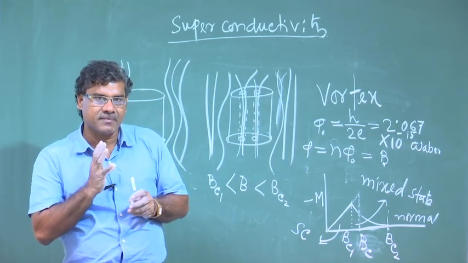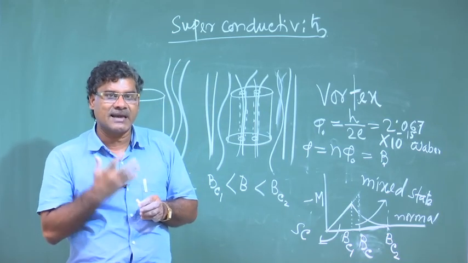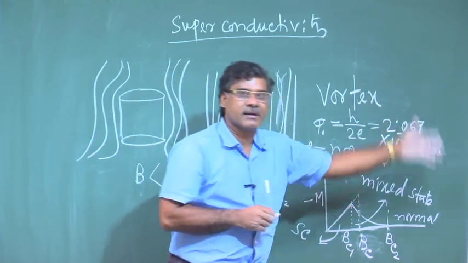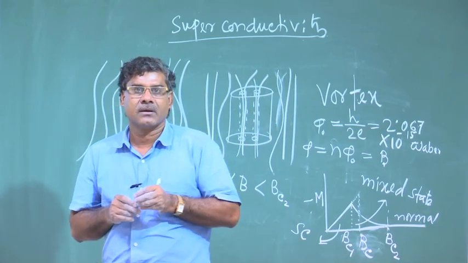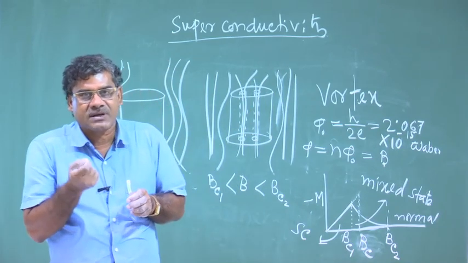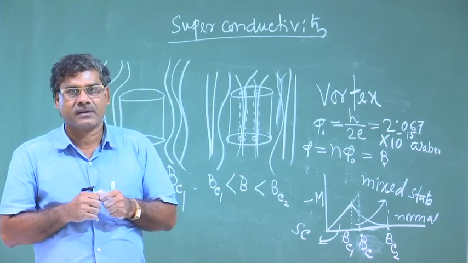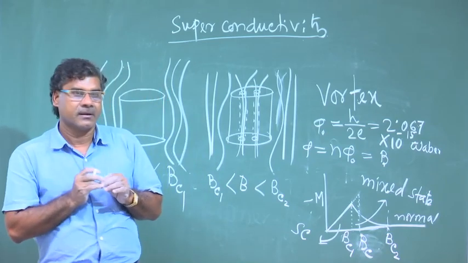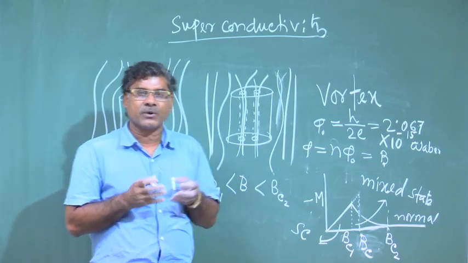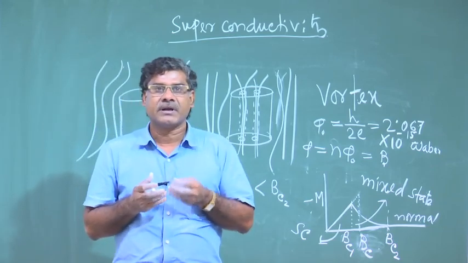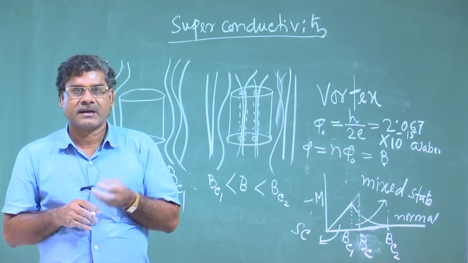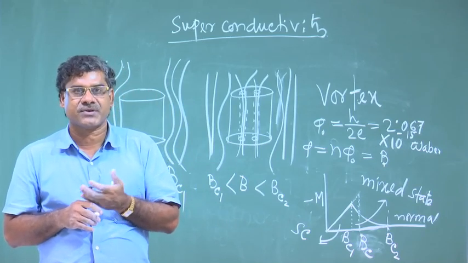So, this material can sense this very tiny flux, very small change of magnetic field. That superconductor is used in our laboratory to detect the flux. And that is basically the case of SQUID.